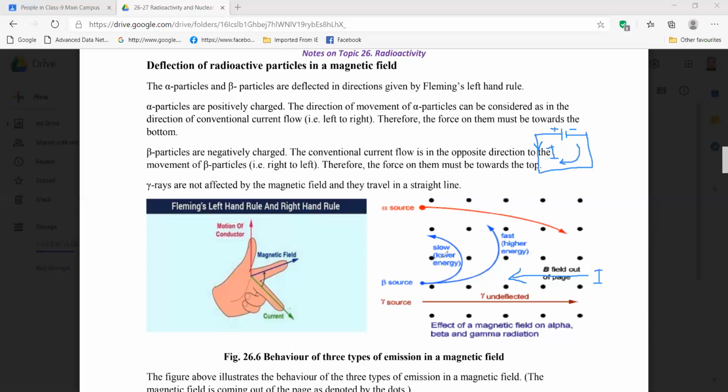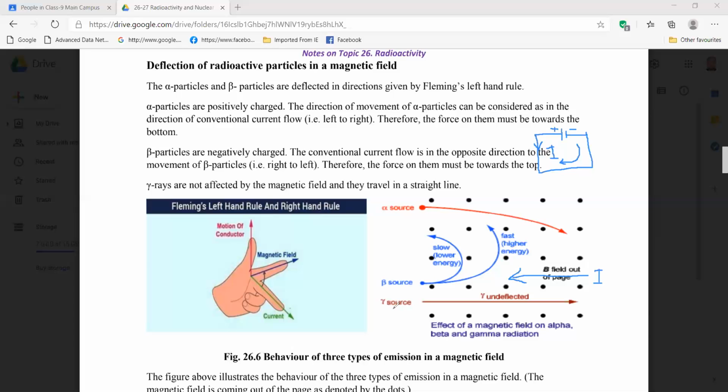Sometimes the structured questions ask you to draw, and that time we should maintain it. If you only show the deflection correctly, you will get 1 mark, and if you maintain that one is more curve, another one is less curve, then you will get 2 marks. This way the mark scheme is generated.